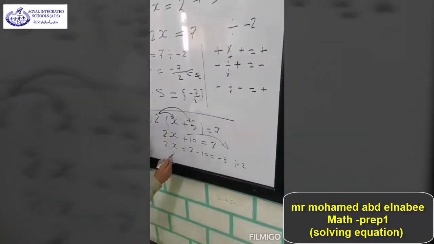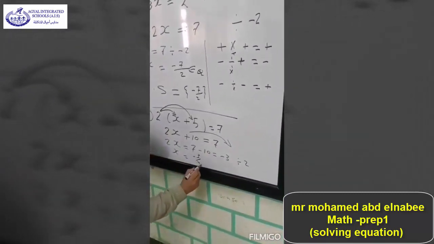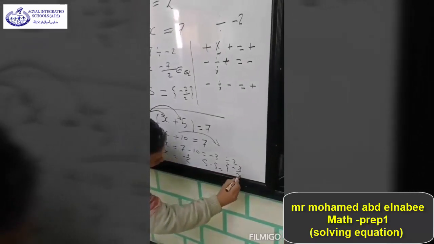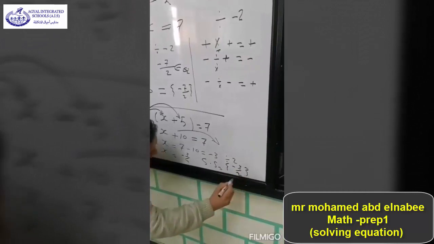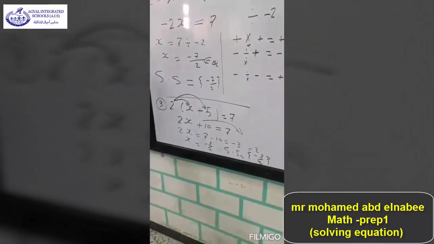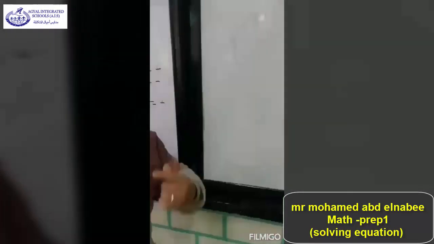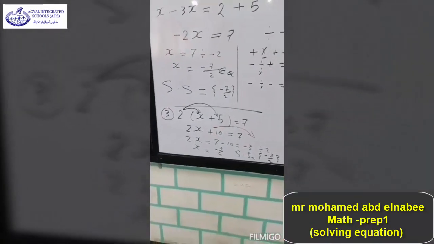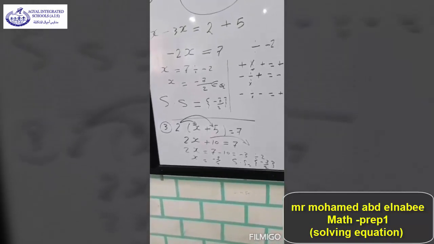Divided by 2, x equals negative 3 over 2. We write the SS. Now this part becomes so easy because we take 7 problems in the same lesson. All of these problems, we need to find the solution set.